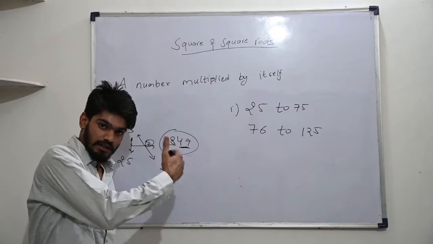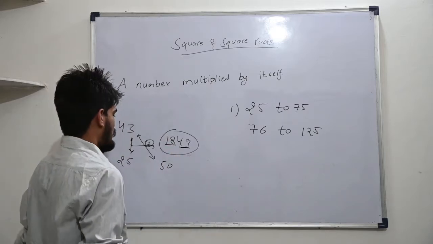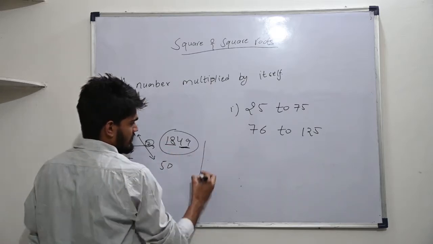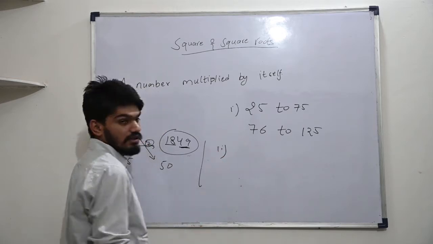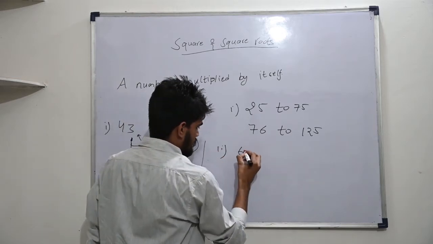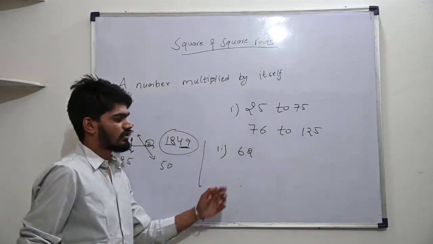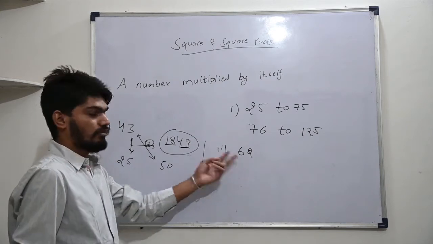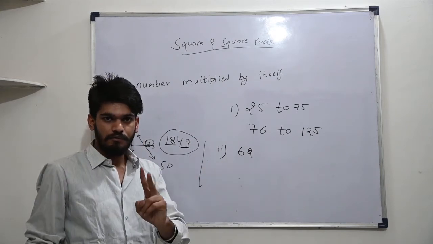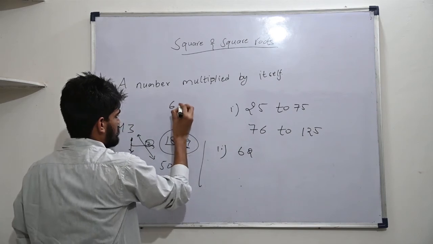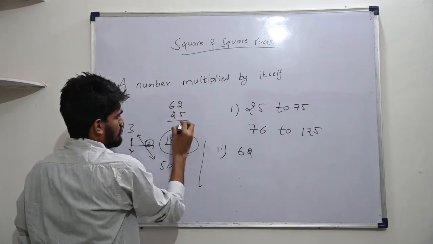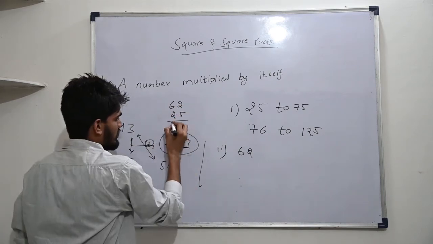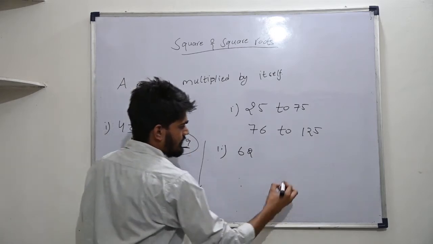Let's understand with one more example. Let's say 62. I have to find the square of 62. Again two steps. Difference with 25, so the difference will be 37. Write the number as it is.